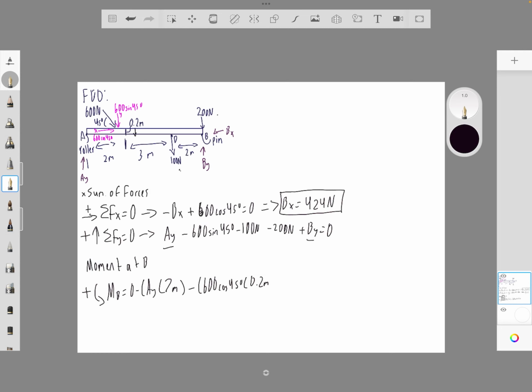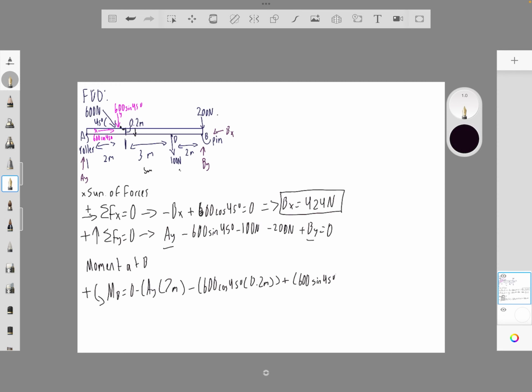As we do more of these problems, it'll make more sense. Then 600 sine 45, and that is because it's acting. Okay, good deal. This is how I can explain it. We are right here, and we are 5 meters away, because right here we were 0.2 meters away. So 5 meters.